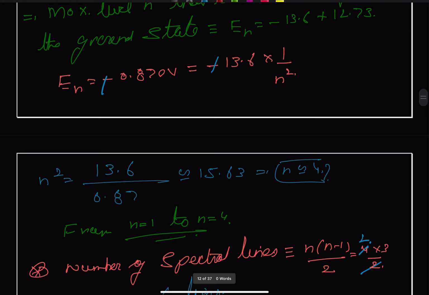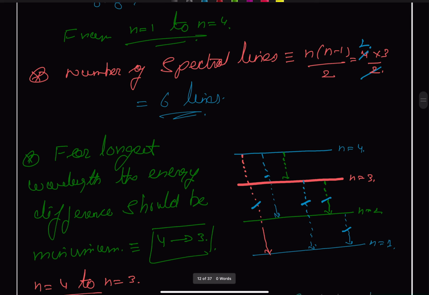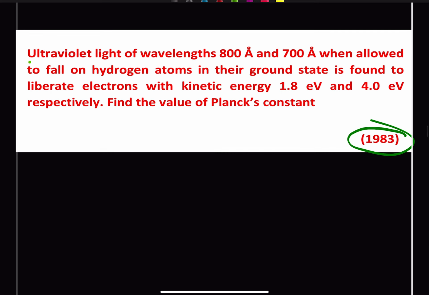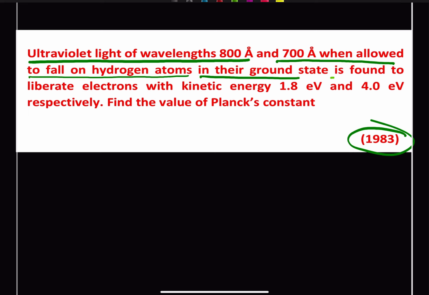Yes, so this question is complete. We come to the next question. It was asked in the year 1983, and it states that ultraviolet light of wavelength 800 angstrom and 700 angstrom, when allowed to fall on hydrogen atoms in their ground state, is found to liberate electrons with a kinetic energy 1.8 electron volt and 4 electron volt respectively.